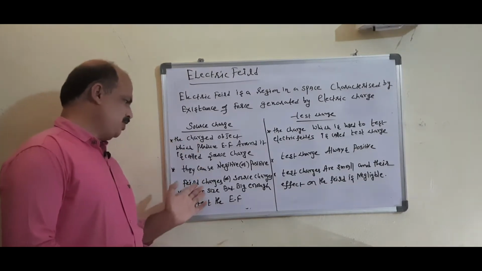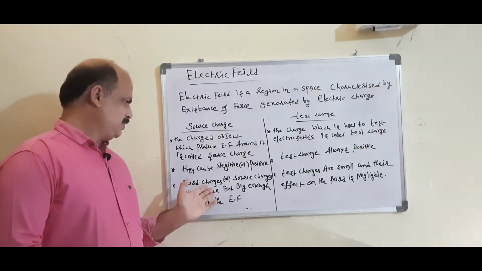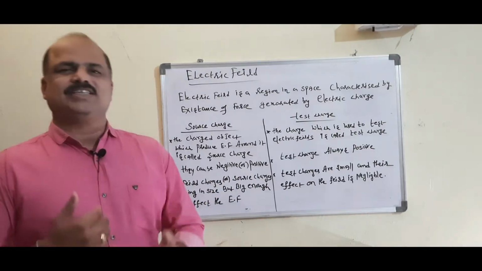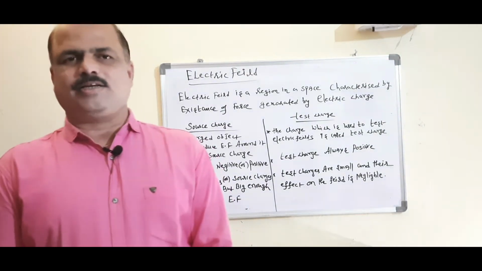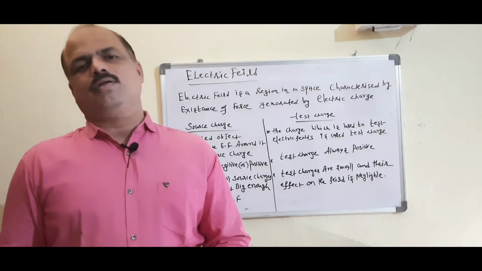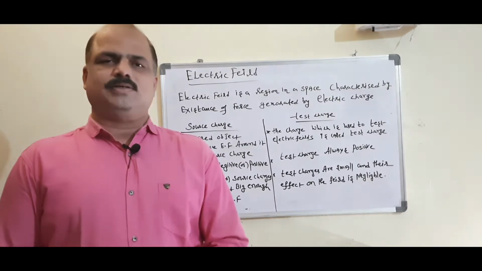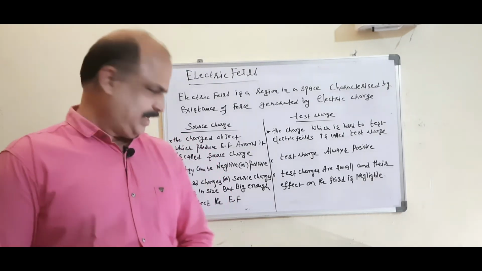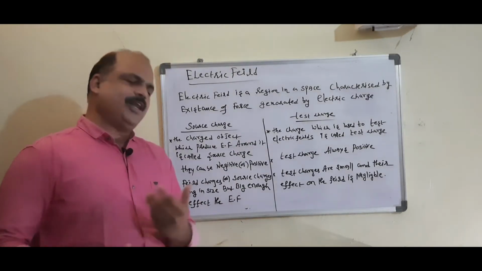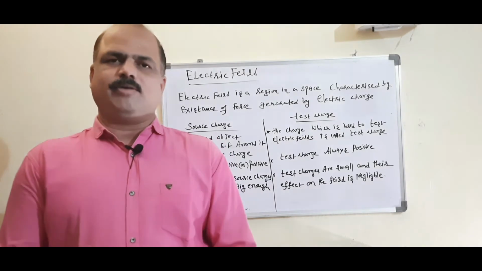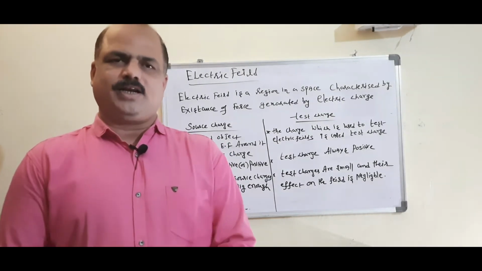Next, these source charges are also called field charges. Field charges are source charges varying in size. That means these source charges may be small or big, but they are big enough to affect the electric fields.